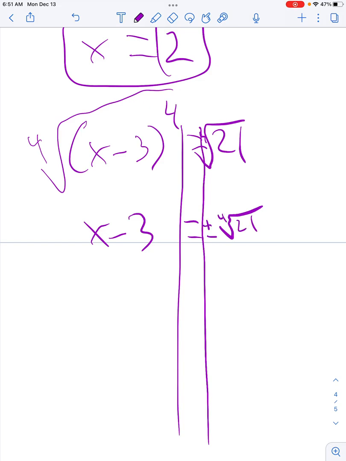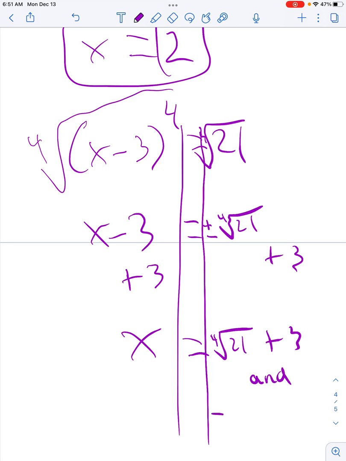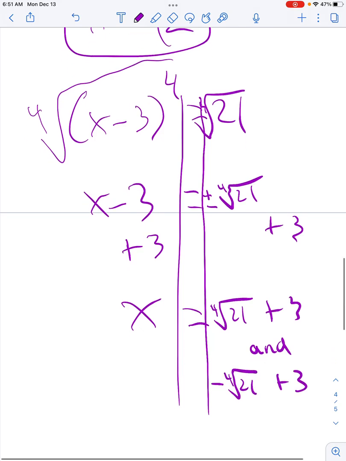And that's going to give me a positive and a negative answer. So I'm going to add 3 on both sides. So I'm left with x equals positive 4th root of 21 plus 3 and negative 4th root of 21 plus 3.